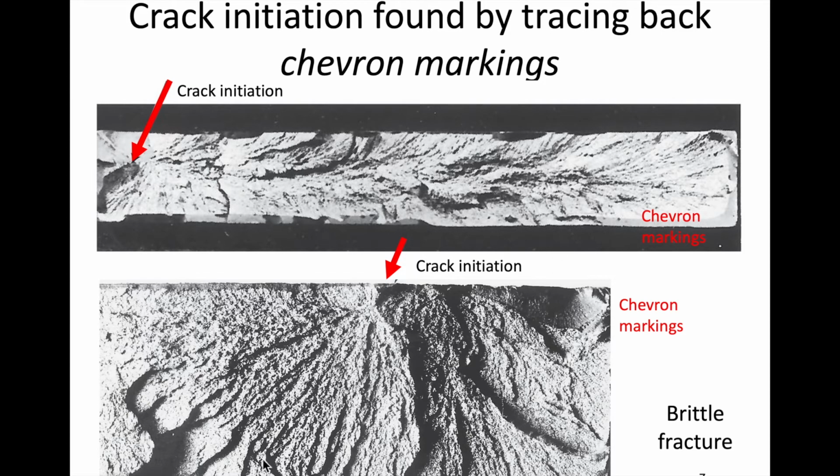You can see these lines all radiating out from a single point over here. The same thing, a lot of lines trace back to this point right here, and those help us find the crack initiation point in samples.